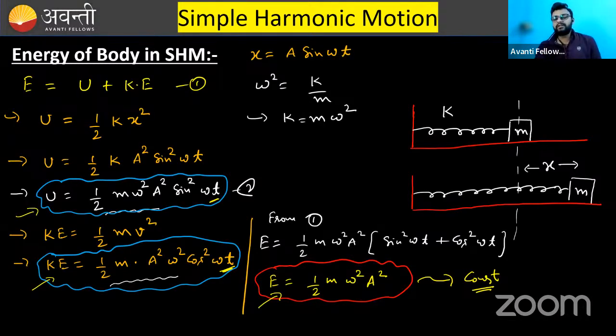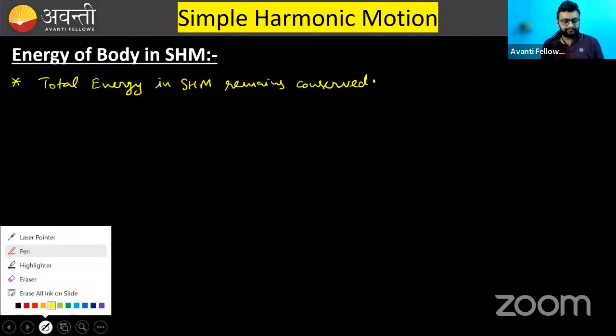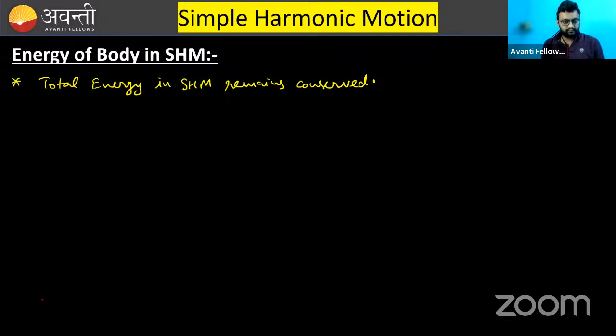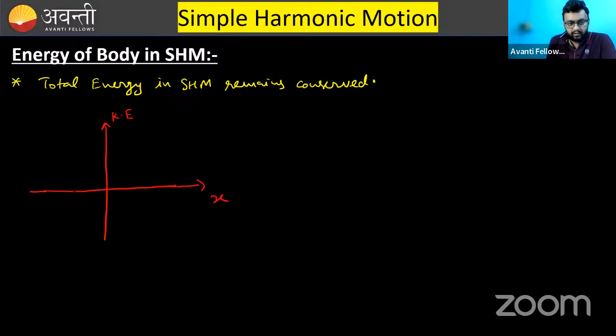If I draw the potential energy and the kinetic energy curve, you can see that, let's suppose this is the particle executing SHM and I am drawing the kinetic energy curve. This is kinetic energy and this is going to be the position X. Let's suppose this is minus A and this is plus A. Particle is executing SHM from this point to this point.